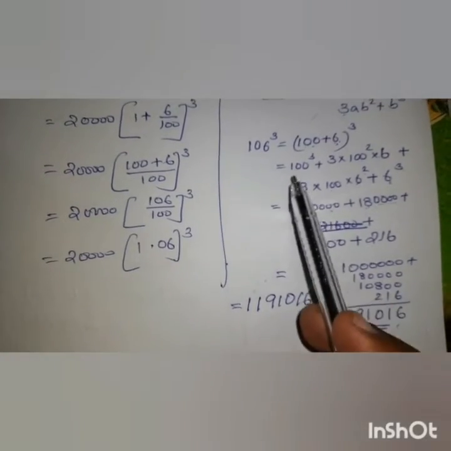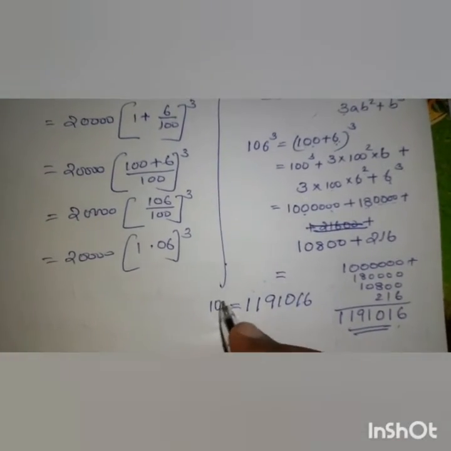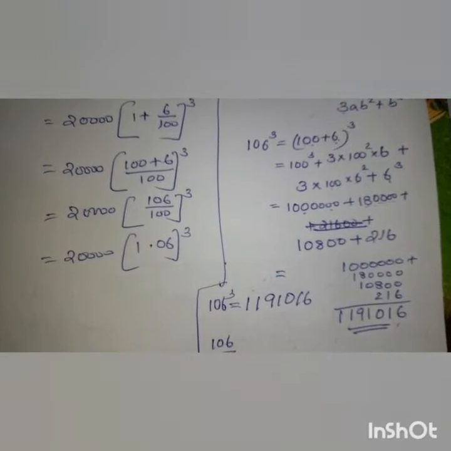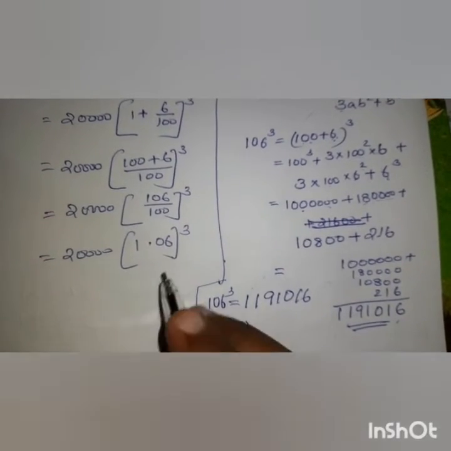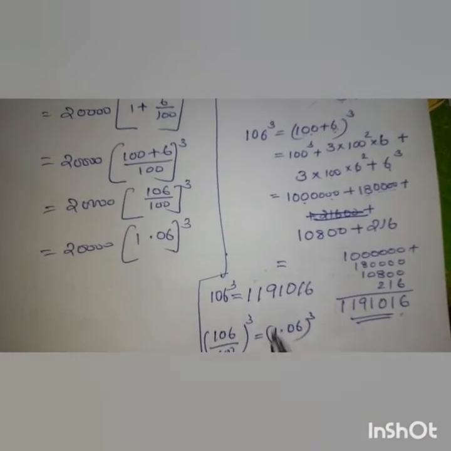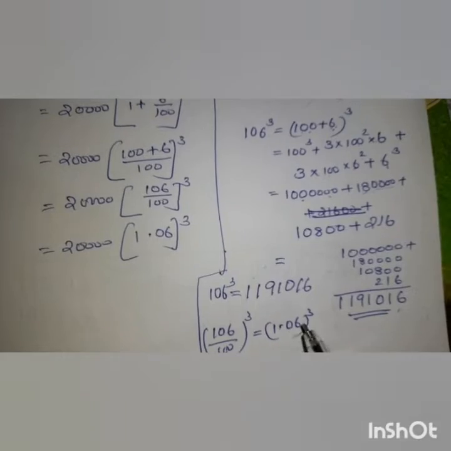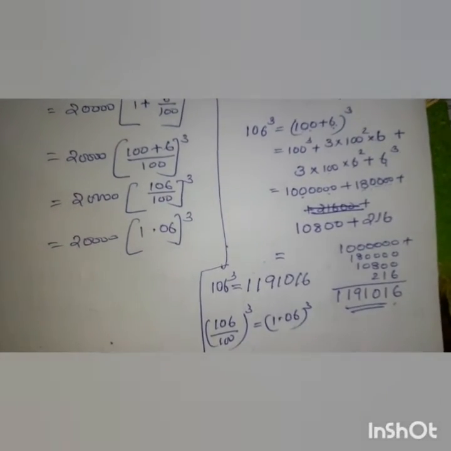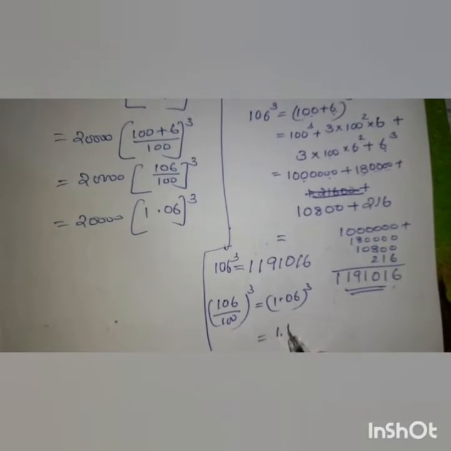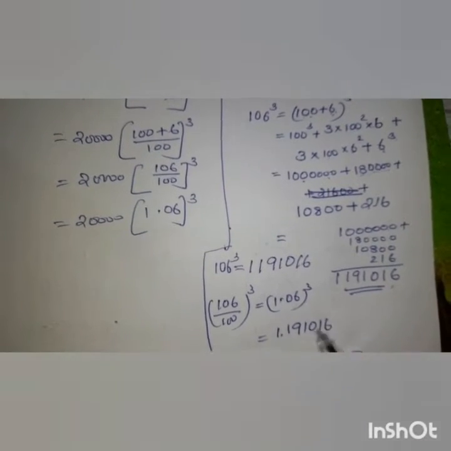Then it should be divided, this is 106 whole cube. Then 106 by 100 cube, otherwise you can write 1.06 cube, is equal to, how many decimals will come? 6 decimal places. So you will get 1.191016.